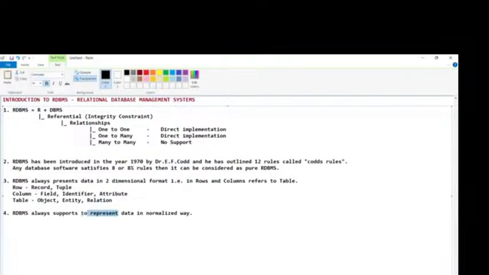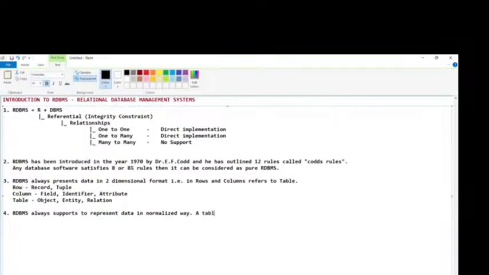Presentation is about seeing, viewing the data. That is presentation. Representation is about designing the database. How do you design? In a normalized way. And how do you normalize?